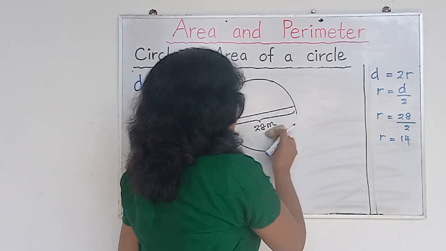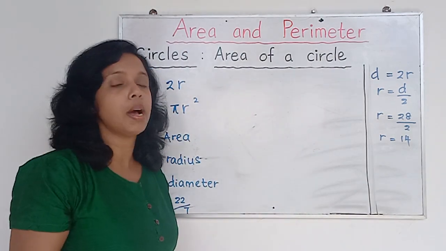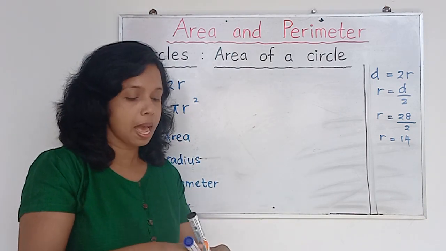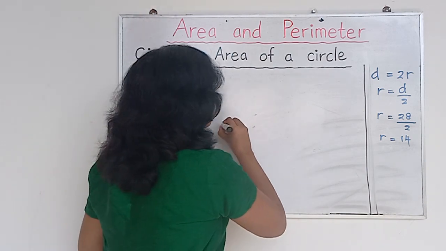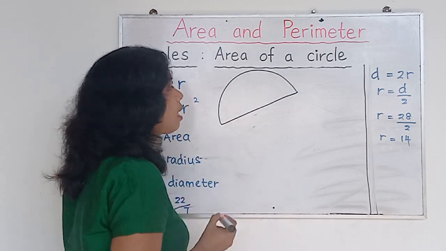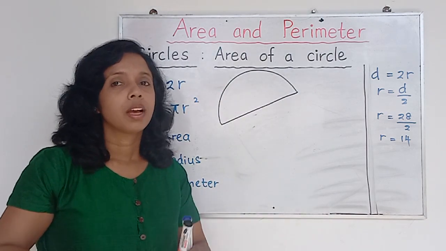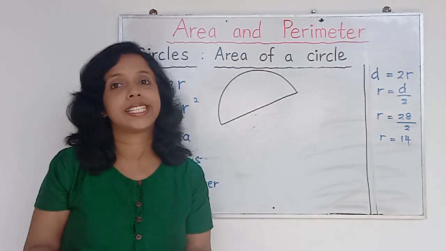Right. Now, I am not rich enough to have a circular shape plan. I am poor. I have this type of plan. Now what is this, children? It is a half circle or a semicircle. I don't have the full circle.